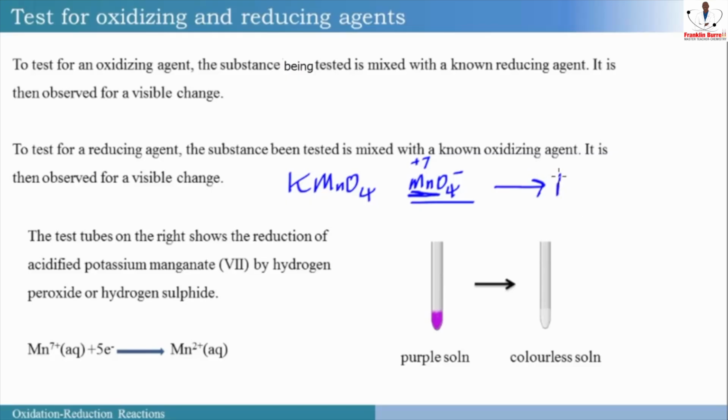So the reducing agent will cause it to go to Mn2+. Remember that a reducing agent is a substance that causes another substance to be reduced while itself is oxidized. So we see here where potassium manganate 7 changed from purple to colorless. So that is our observation.